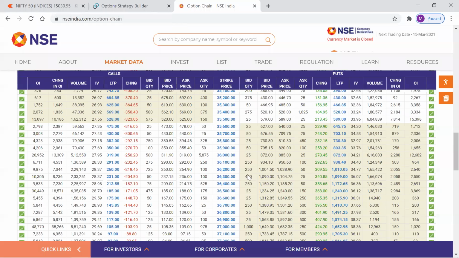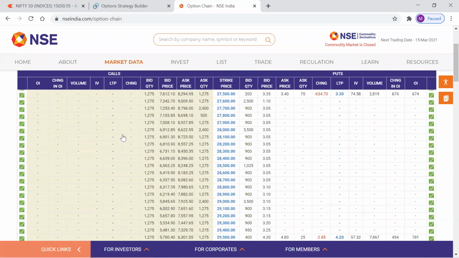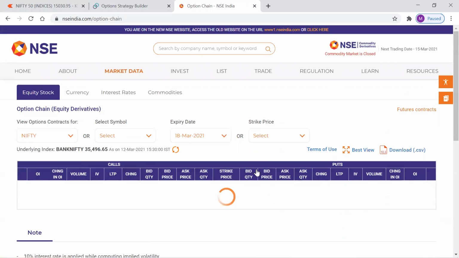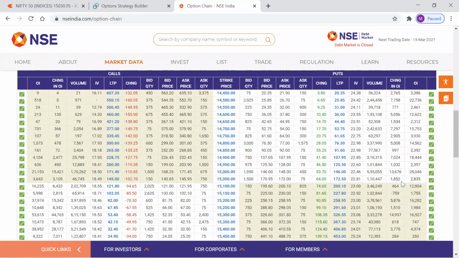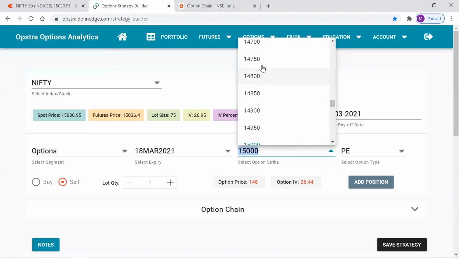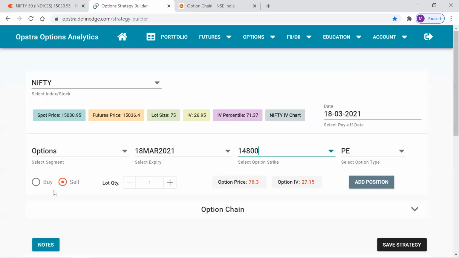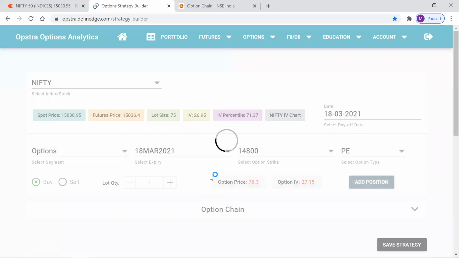Let's get on to the option chain and select Nifty and out of the money. This is the out of the money put option data, which has the maximum OI. This one is very close to ATM, so let's ignore that and choose 14,900 or 14,800. 14,800 put, and I'm going to buy, done.